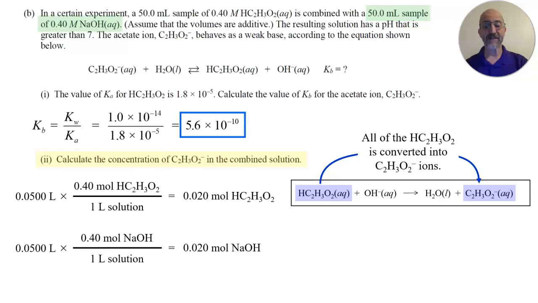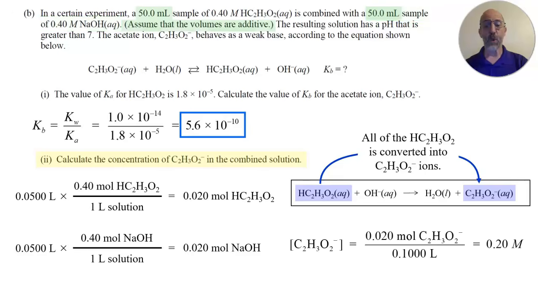How many moles of acetate ions do we have? 0.02. What's the concentration? Moles divided by volume. Now, what is the total volume? Assuming that the volumes are additive, it's 50 plus 50 is 100 milliliters, or 0.1 liters. So I did concentration as moles divided by liters. How did I know that there were 0.02 moles of acetate?